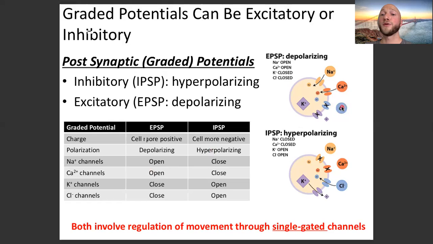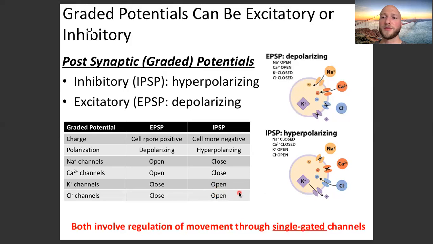The electrochemical gradient is set up such that chloride ions want to move into the cell. Chloride ions are negative. When you open up an ion channel allowing chloride ions to flow in, you're adding negative charges to the cell. You're making it more negative, IPSP.